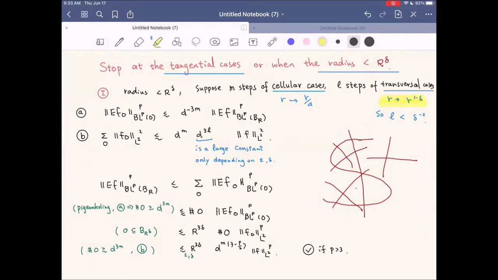This means that the number of transversal steps will be smaller than some constant only depending on delta. So this is a very small number. And as a result, this D to the 3l, the 3 is not important. It's okay if you put 30 here. So this number is a large constant only depending on epsilon and delta. So D equals D of epsilon.